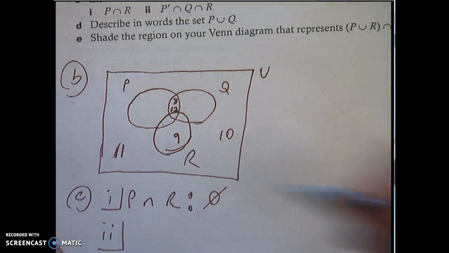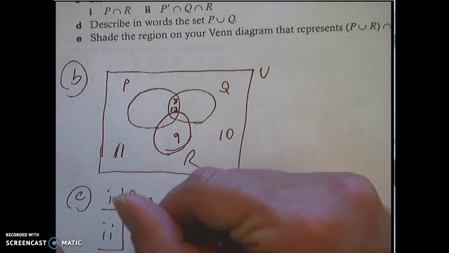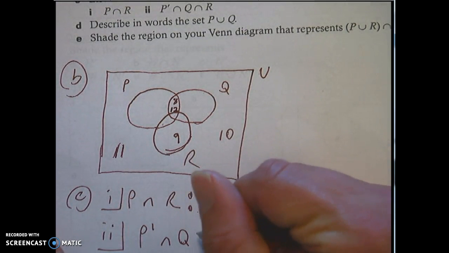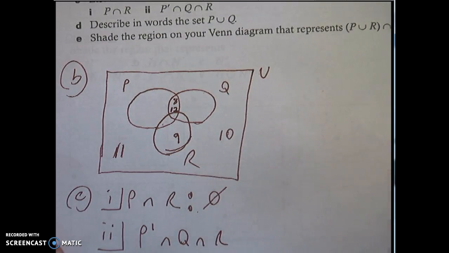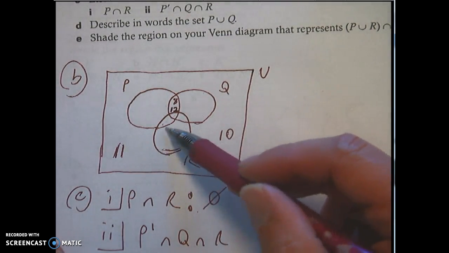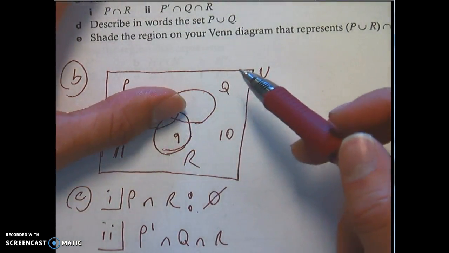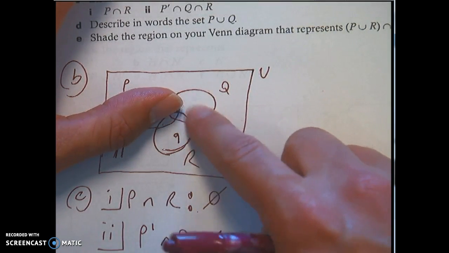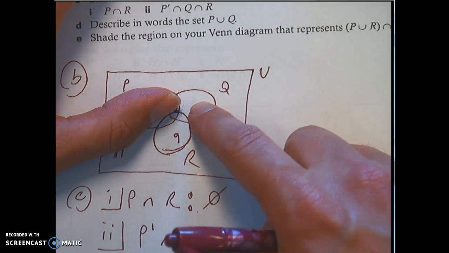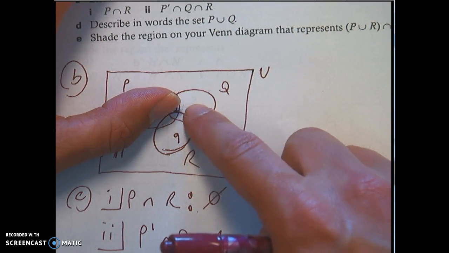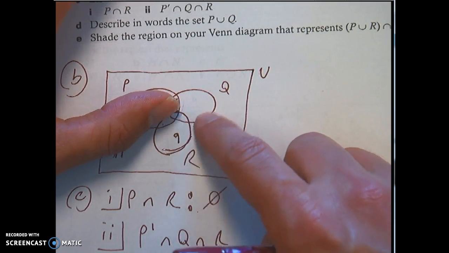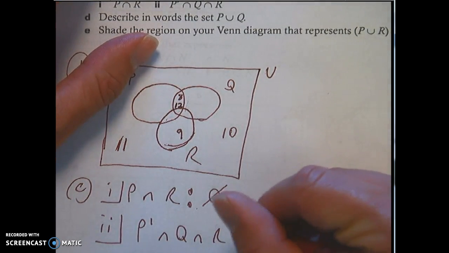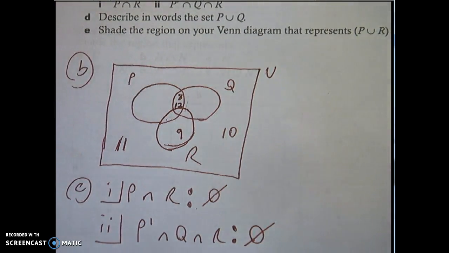In part 2, I'm listing P complement, intersect, Q intersect R. So not P is everything outside this P circle, so I'm just going to cover up P. Q, there's nothing in Q at the moment because the only stuff that's in Q I've got covered up. So there is no intersection with R. So I'm really just talking about this one little section right there, and there's nothing in there. So that's also the empty set.